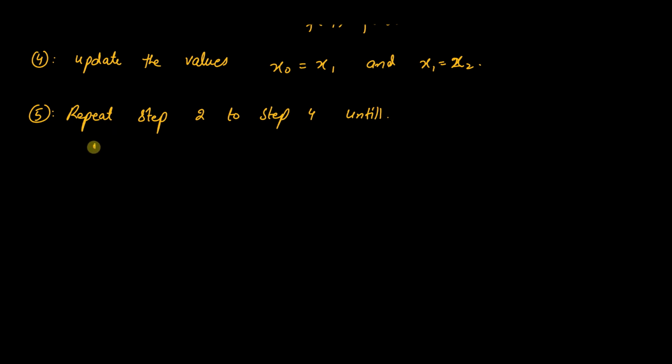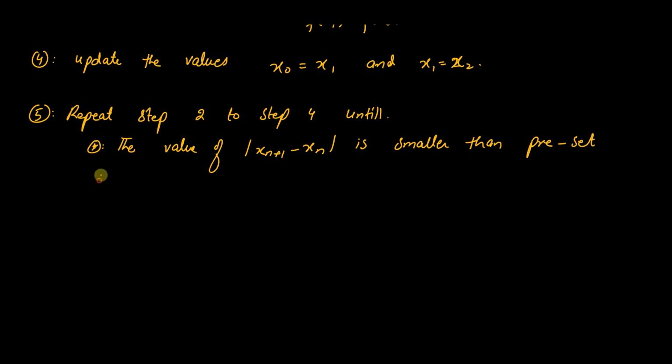It means that the value of x n plus 1 minus x n is smaller than a preset tolerance, and you need to define the tolerance according to your choice.